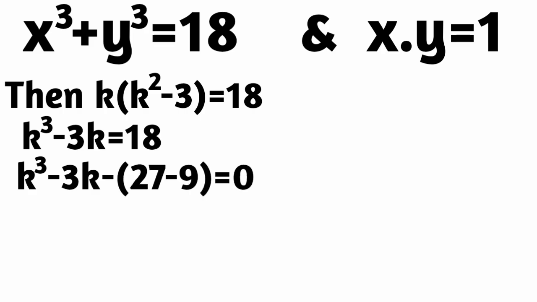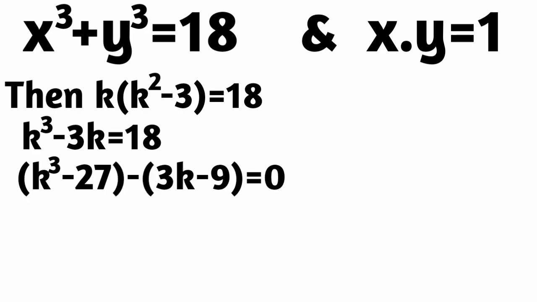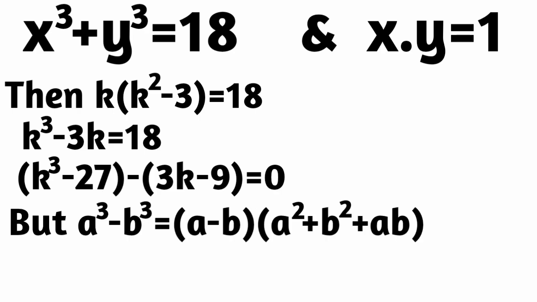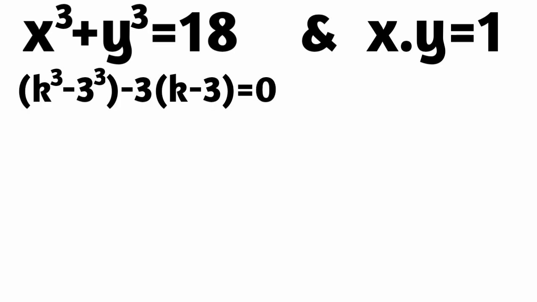Now we can write 18 as 27 minus 9. Do you know why? Because we have to make it simple and solve this also. Now collecting k power 3 and 27 together and 3k and 9 together, and using the formula a cube minus b cube, which is equal to a minus b into a square plus b square plus ab, we can make the above expression as simple as possible.